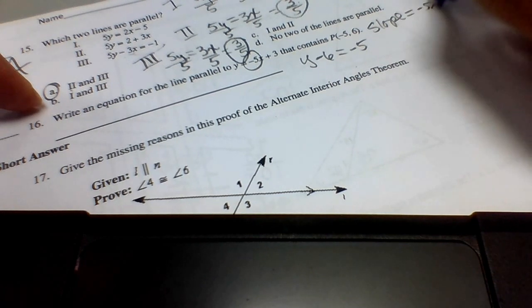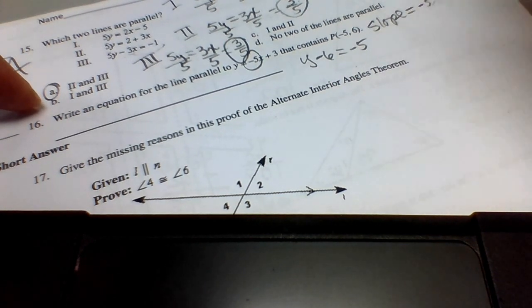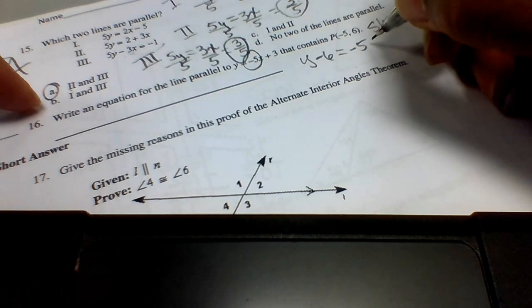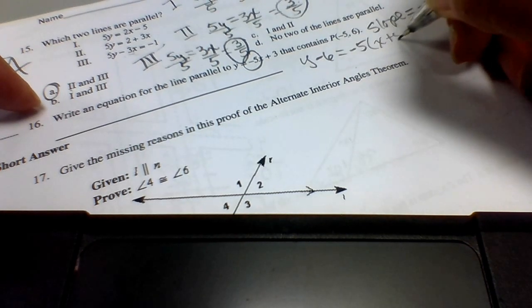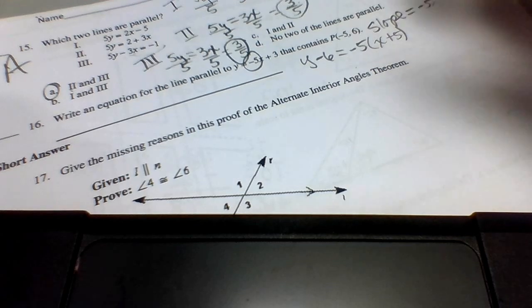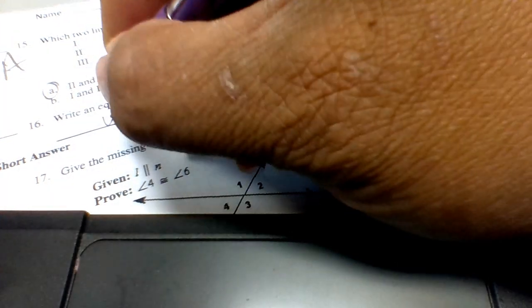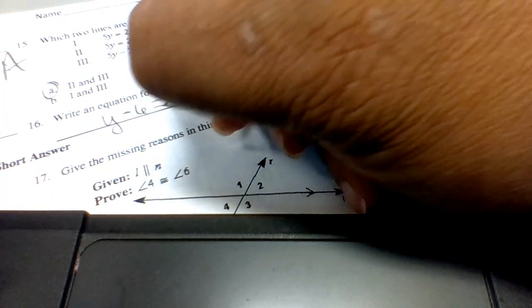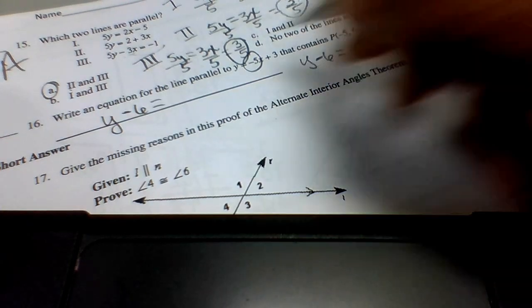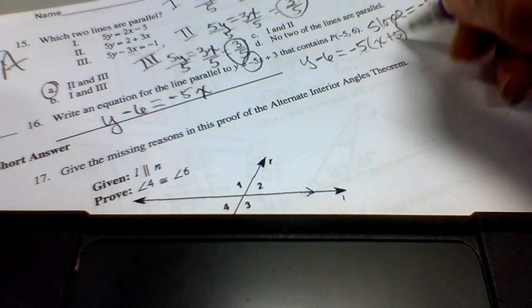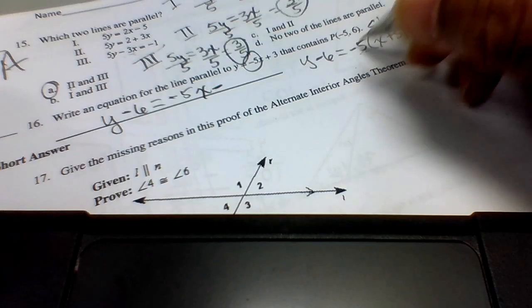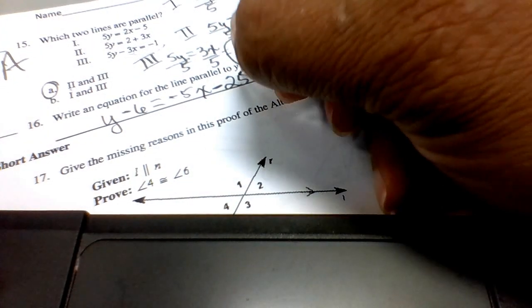I don't need the x up here. Minus 5 times parentheses x minus a minus 5, so that would be plus 5. So multiplying this out, I'm going to get y minus 6 equals a negative 5x. And a negative times a positive is a negative, and 5 times 5 is 25.